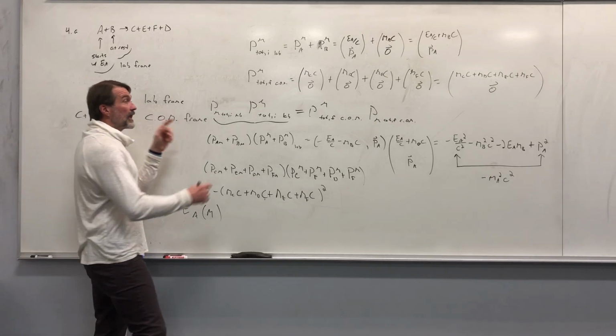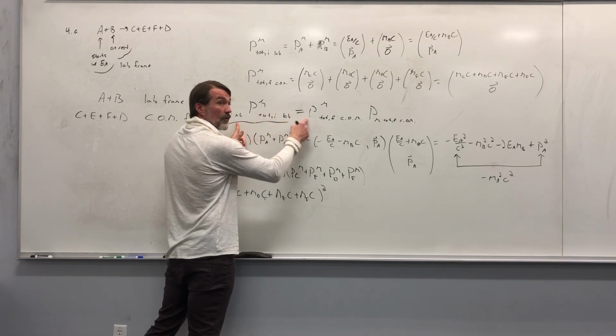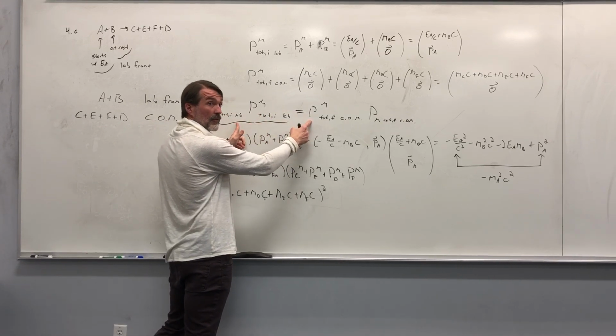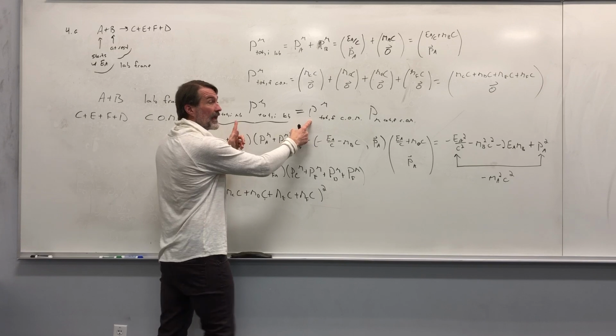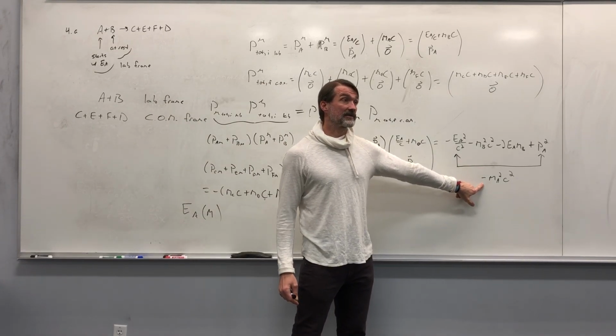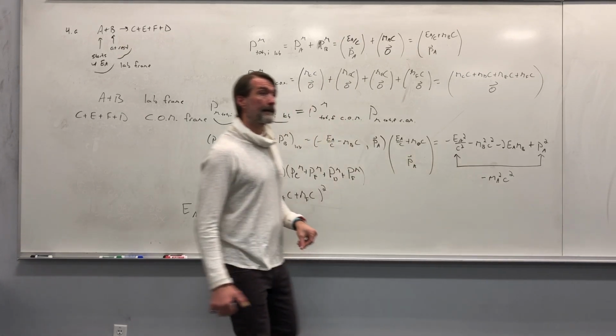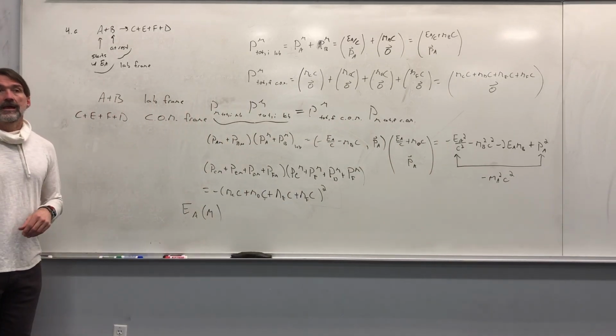One is, if you square things to make invariants, then you can set quantities in different reference frames to be equal as long as you're doing invariants. And secondly, this mass shell condition, which we don't have in non-relativistic physics, but in relativistic physics we do. This comes in handy quite often. Okay? Any other questions?